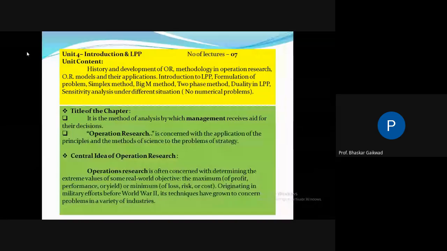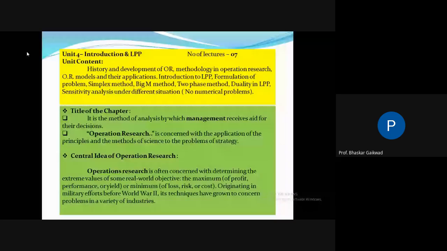As per the university syllabus, it covers history and development of OR, methodology in operations research, OR models and their applications, introduction to LPP, formulation of the problems, simplex method, big M method, two-phase method, duality in LPP, and sensitivity analysis under different situations.